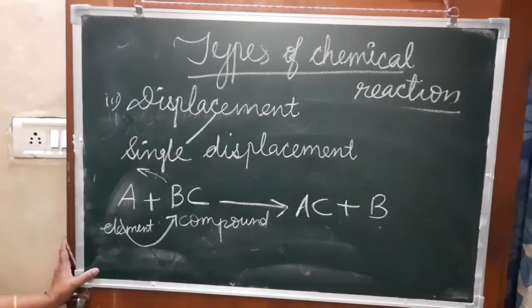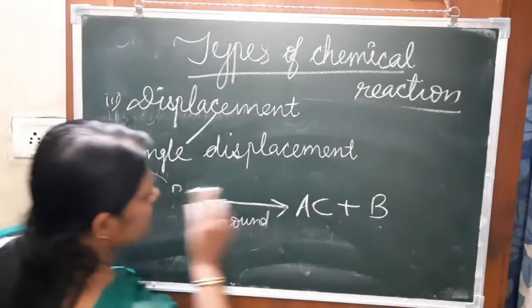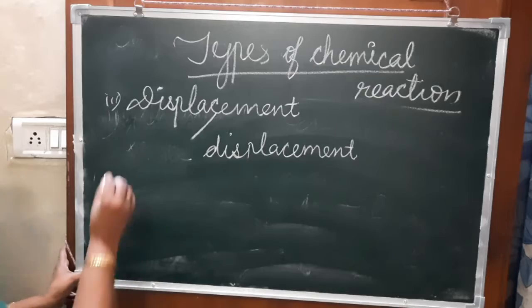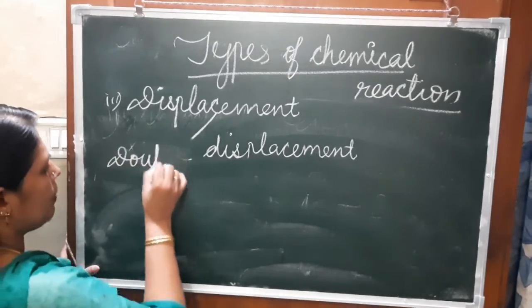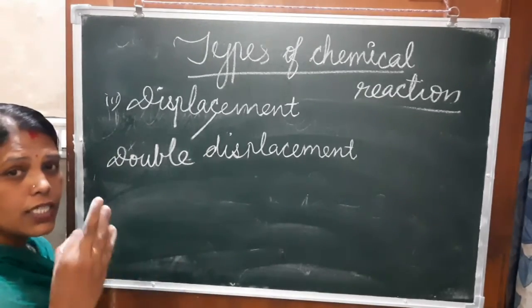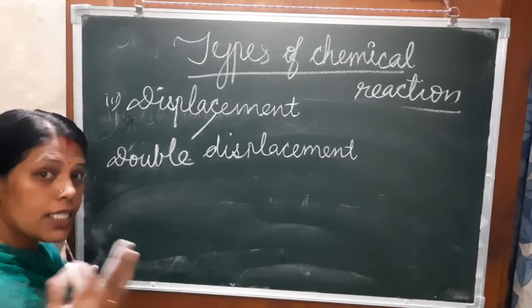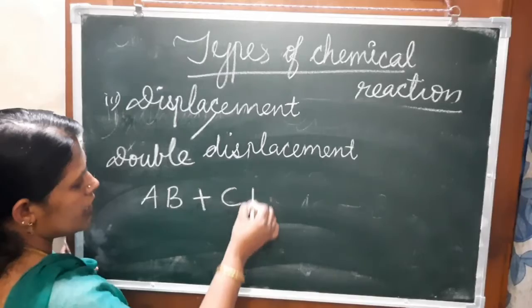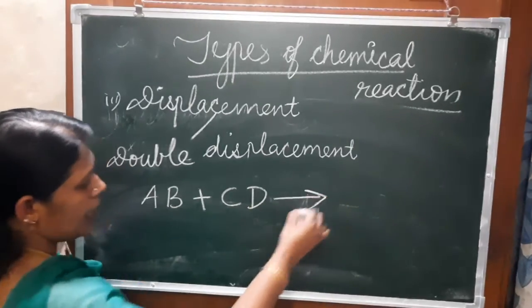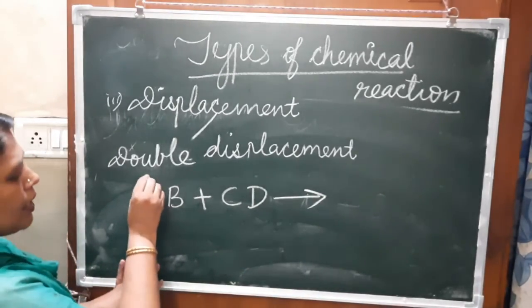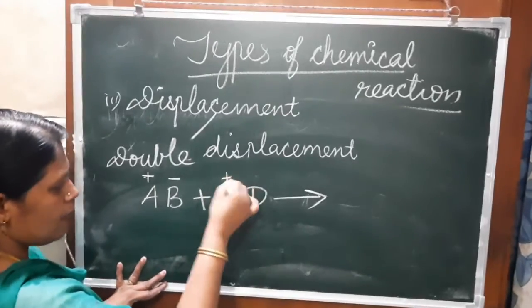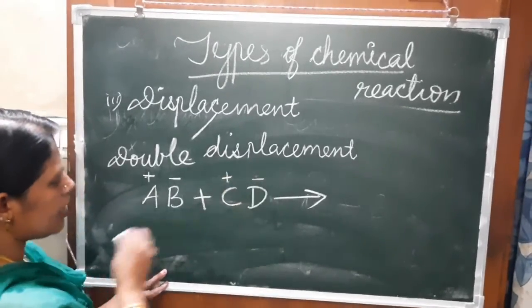Now in double displacement, what happens? Both places exchange their positions, or exchange their ions. For example, AB plus CD. Here A is positive, B is negative, C is positive and D is negative.